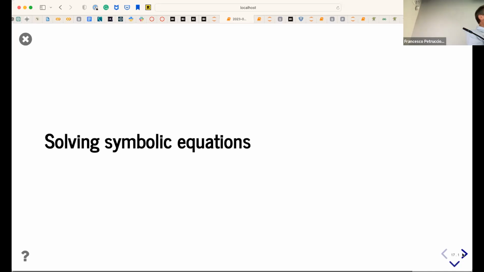So you can not only manipulate equations, you can also solve equations. I will give you just one example, because I know that later in the week you will have differential equations, partial differential equations, and maybe the lecturers there will also address how to do it in SymPy, but I think they will mainly focus on numerical methods.